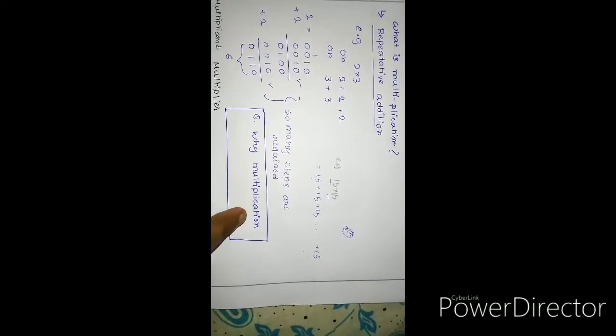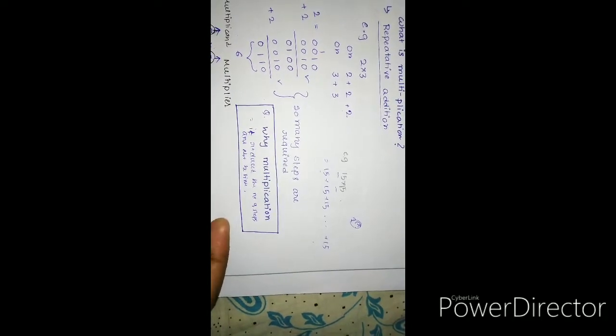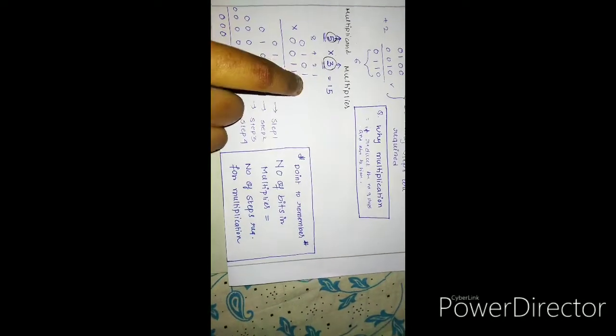That is why we need multiplication. In multiplication, it reduces the number of steps and also the time. So this is why multiplication is needed. Say, for example, we take 5 cross 3.